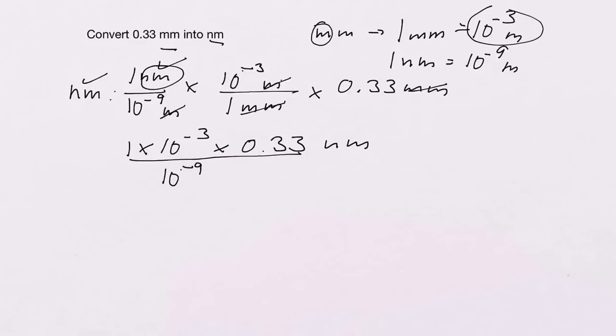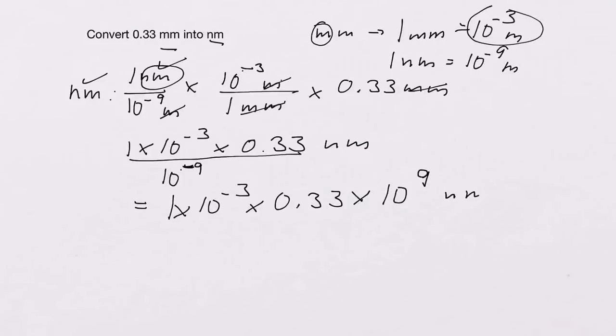And we know that if we have a negative exponent in the denominator, we can write this also as 1 times 10 to the minus 3 times 0.33 times 10 to the power of 9. So this minus here becomes a positive if I write it in the numerator, and the unit is still nanometer.